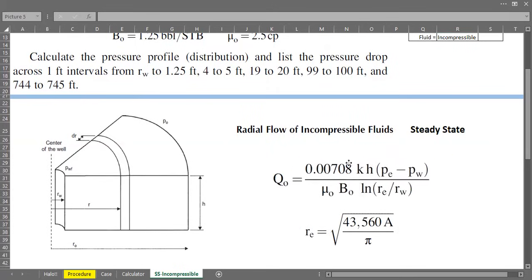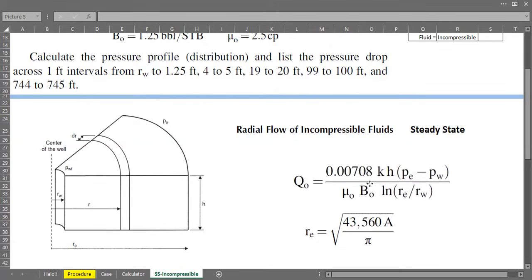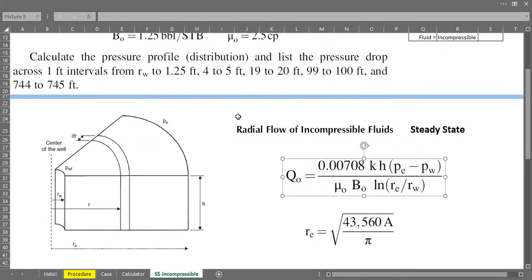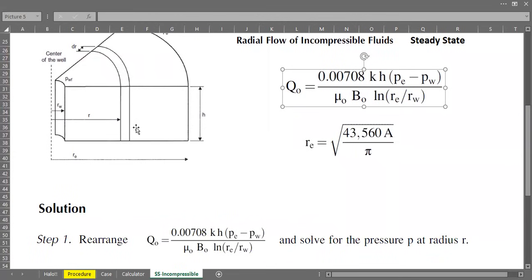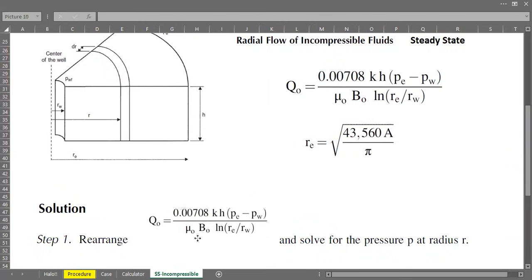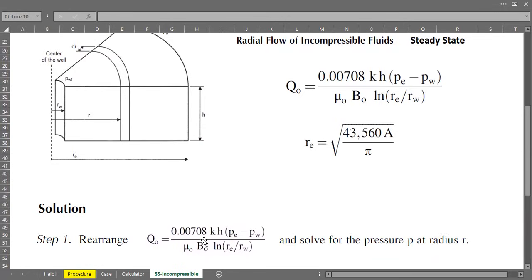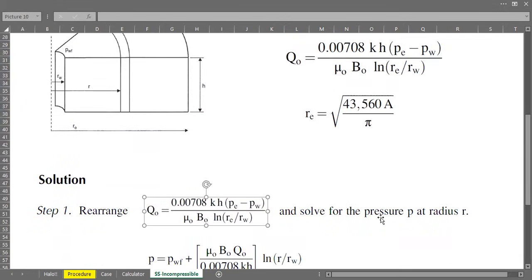Okay, so here we start from flow rate equation, but our assignment is to create pressure profile, not flow rate. So we need to rearrange the equation a little bit to get the pressure. So this is the solution. First, we need to rearrange this one to solve for the pressure at radius r, at certain radius.